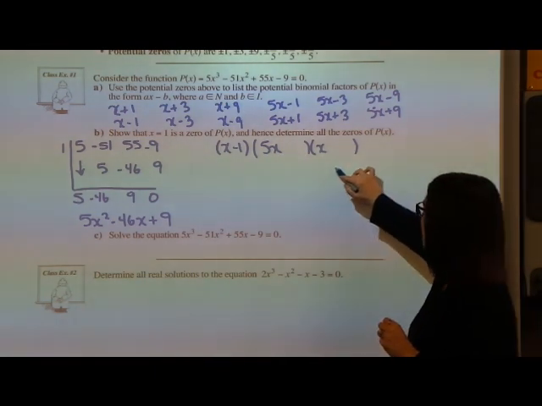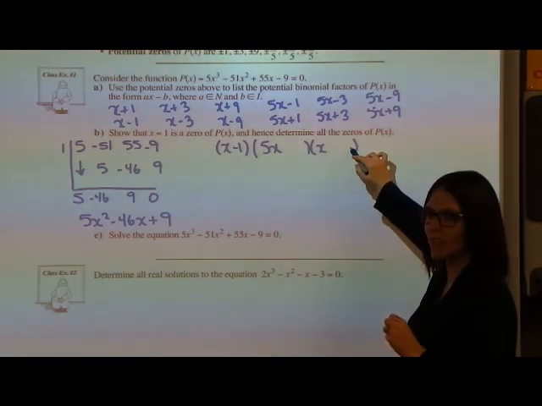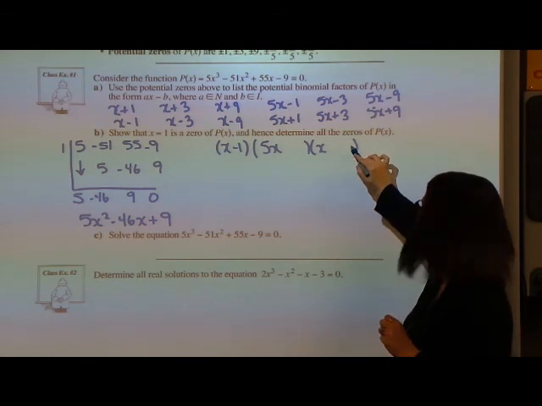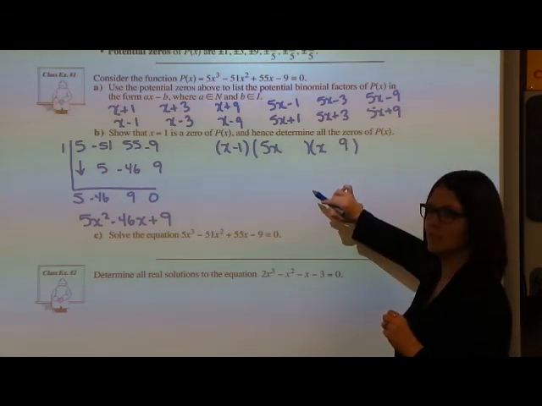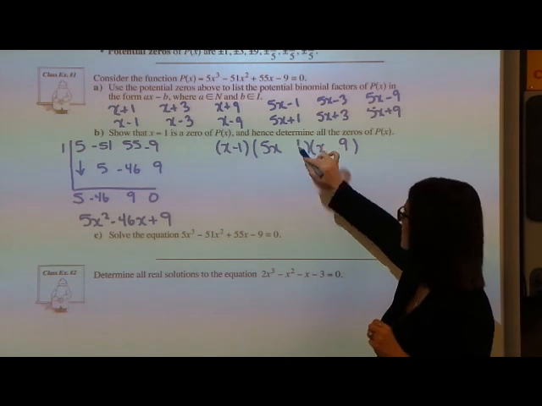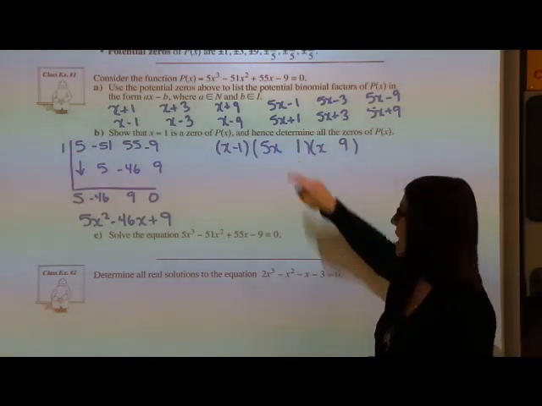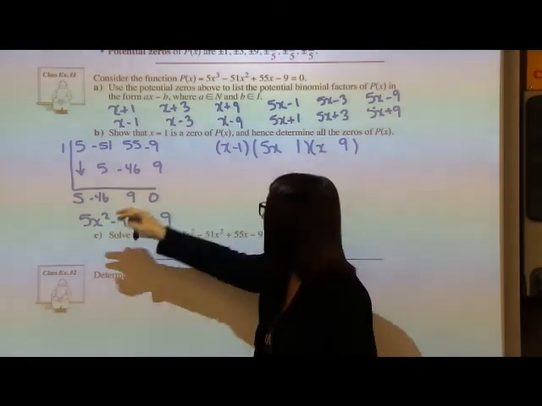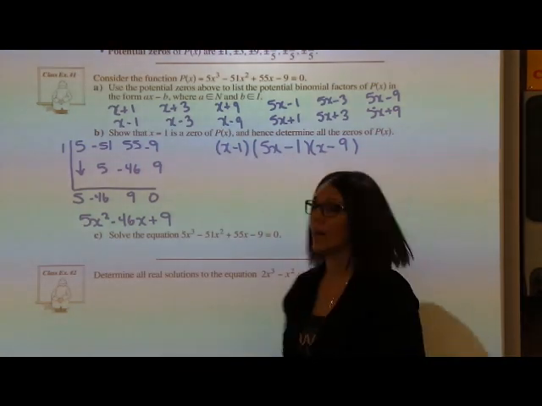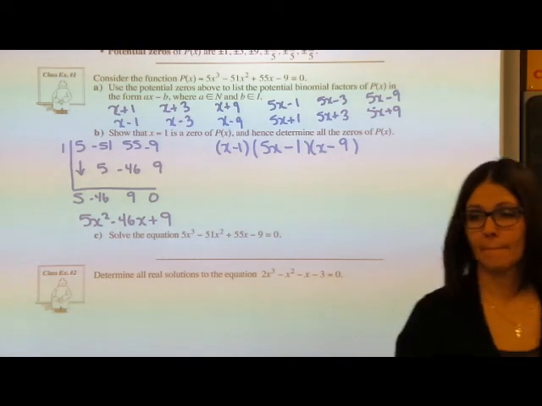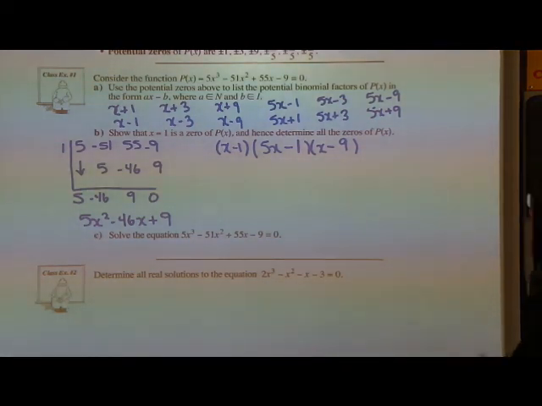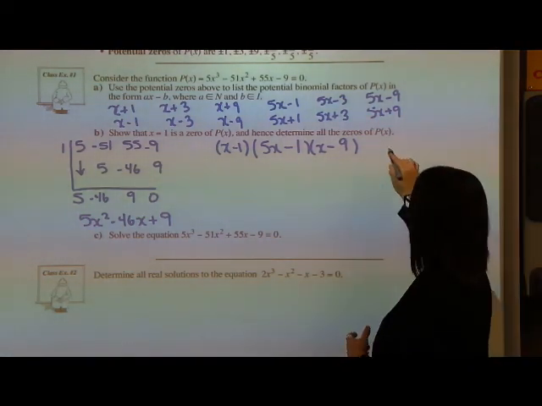Well, what's going to give me the 45? What would I put here to get the 45? 9. There's my 1. Because the only way that I can get 9 is 9 times 1. This is a minus, so these would both be minuses. So now I have this factored.